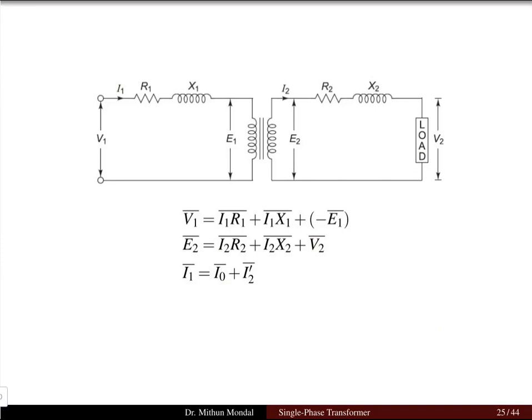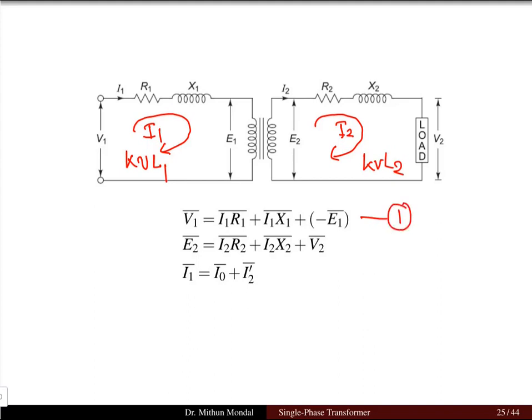In terms of the circuit, the current I1 is flowing in the first loop, and we want to write the KVL equation in the first loop. Similarly, the current I2 is flowing in the second loop, and we can write the KVL equation in the second loop. So the first equation, the KVL or mesh equation in the first loop: the supply voltage is V1, and all the losses will be added up.